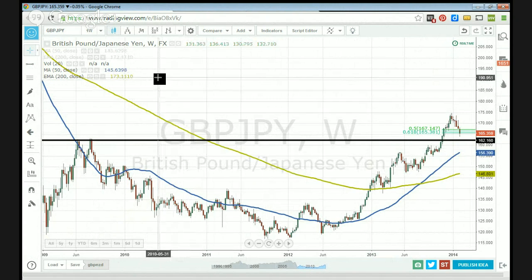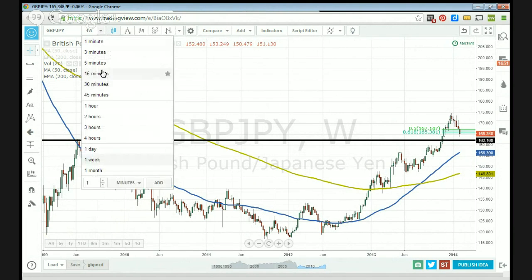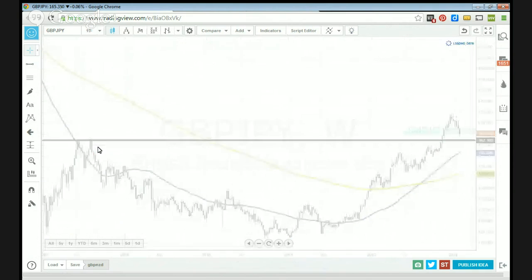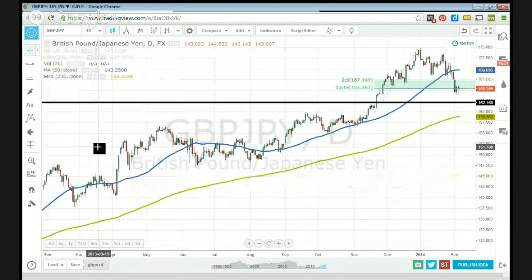If it can fall to 162.16, which is about 315 pips, let's look at that in perspective on the daily chart. To me, that's the major support level right there.